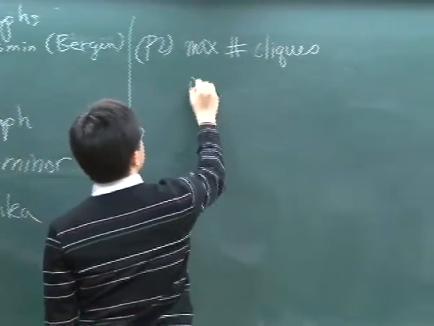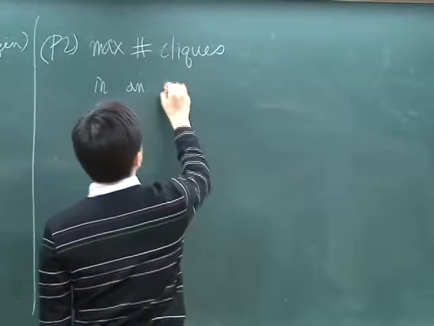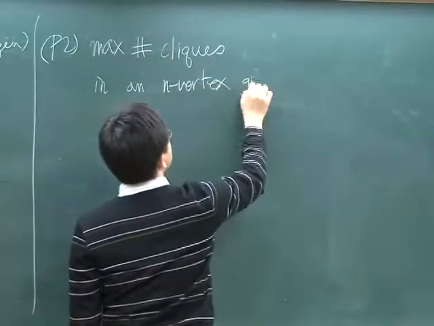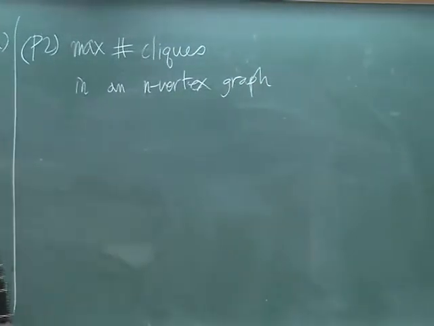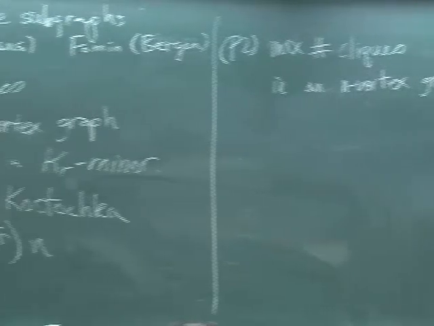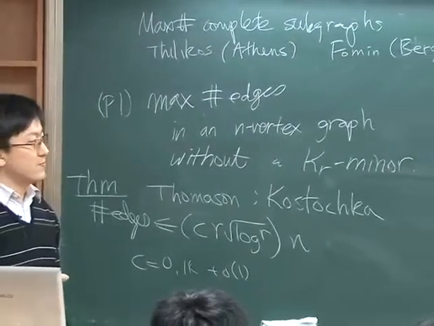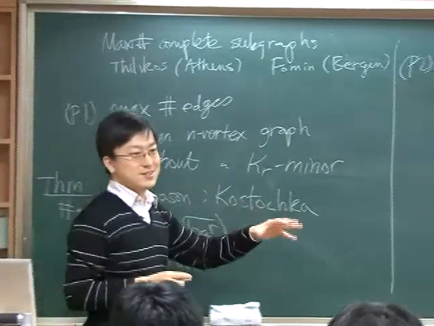So then the question is, what is the maximum number of cliques in an n-vertex graph? If I don't write the last condition, then. Do you mean cliques of a certain size? No, I don't restrict any size. So I'm asking just any cliques.